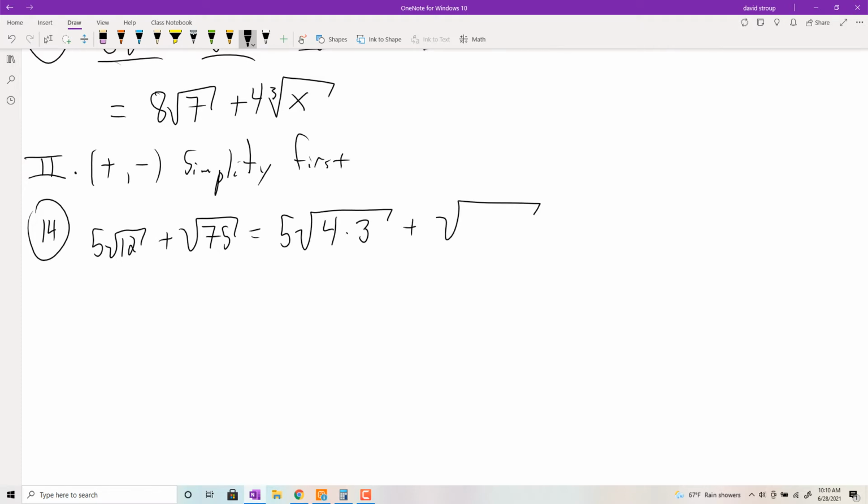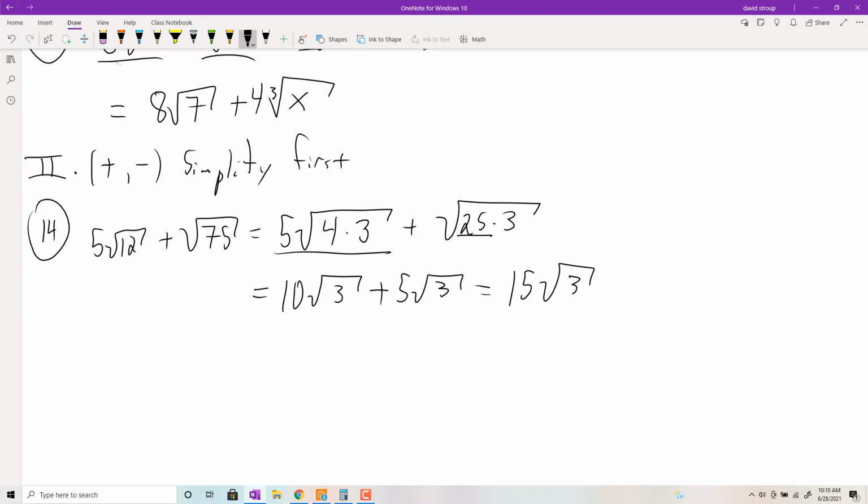And then 75 is 25 times 3. So in the first term here, I can march out the square root of 4, which is really equal to 2. So you'd have 5 times 2 up front, which is 10, and then root 3. In the second one, I can march out the 25. The root 25 is 5. And then you have root 3. And then you say, oh, those are like terms, so I can add those together. There's 10 root 3's plus 5 root 3's gives you 15 root 3's.